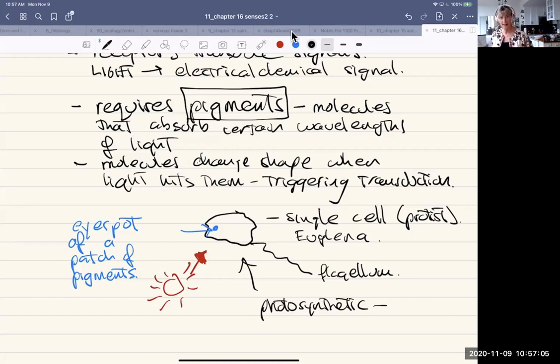Toward. Sure, it needs light for photosynthesis. So light hits the pigment, changes its shape and alerts this little cell that it has to swim toward the light.